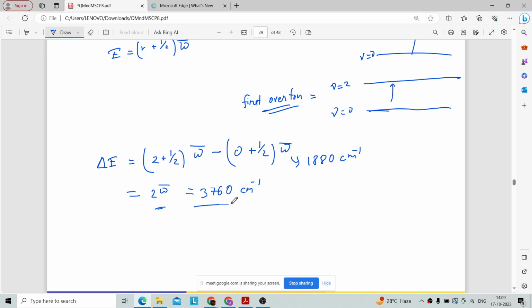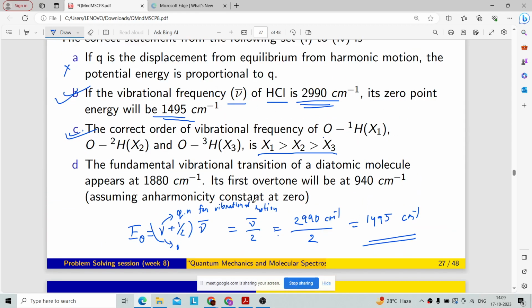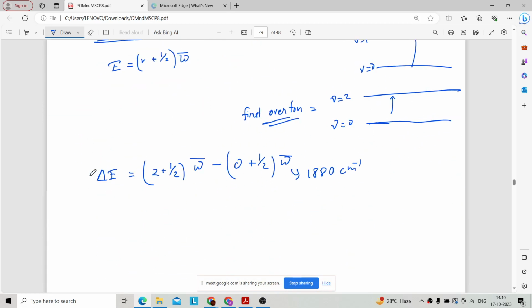So the first overtone will be 3760 centimeter inverse, but it's given to be 940 centimeter inverse, so this is wrong. Okay, any doubts? Okay, I guess no. Then we will move to the next question.